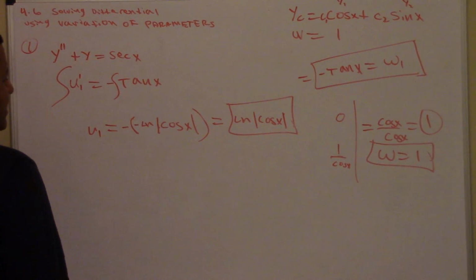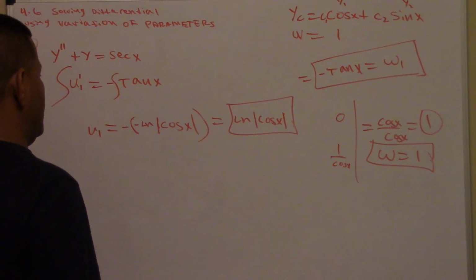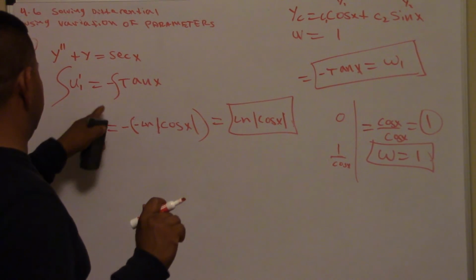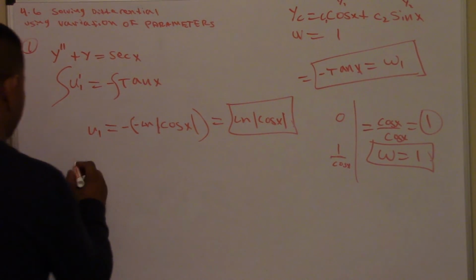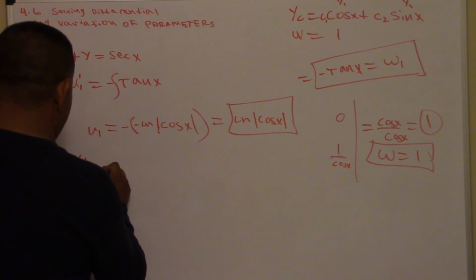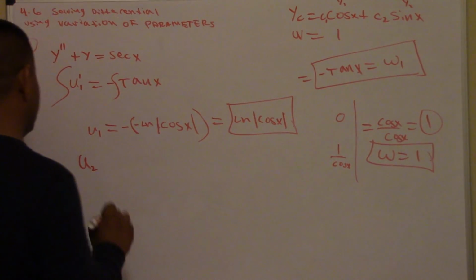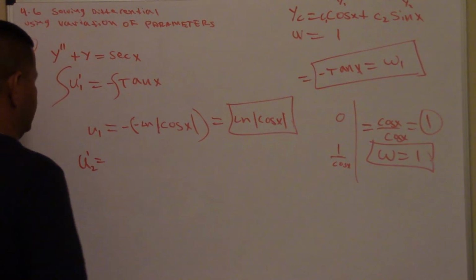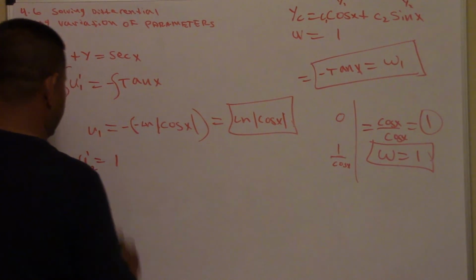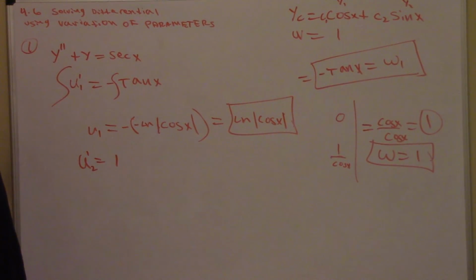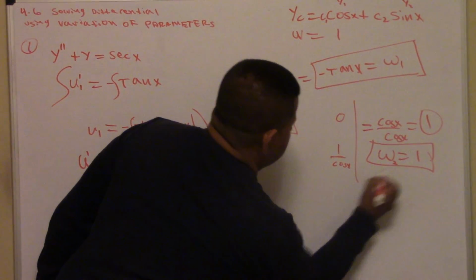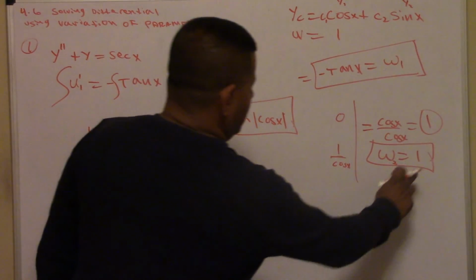Now, notice that I am going to find U2, right? So U2 prime is equal to 1, okay? Okay, so now integrate on both sides because W2 is equal to 1, right?